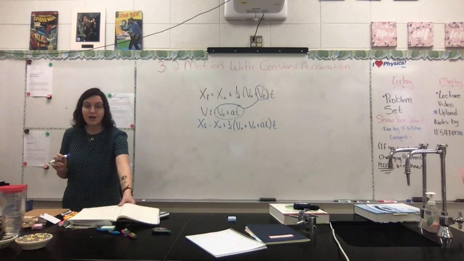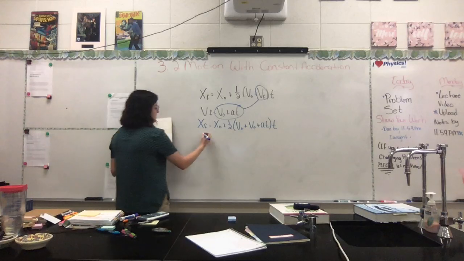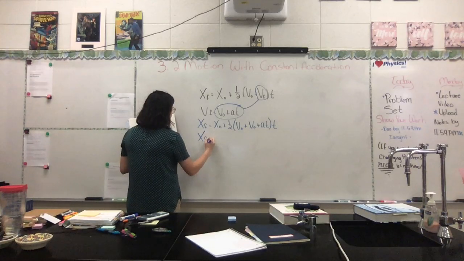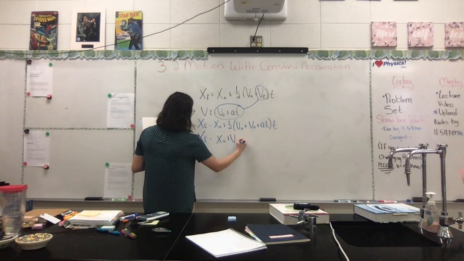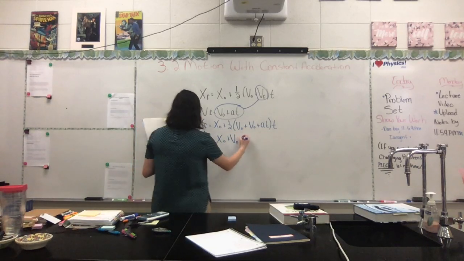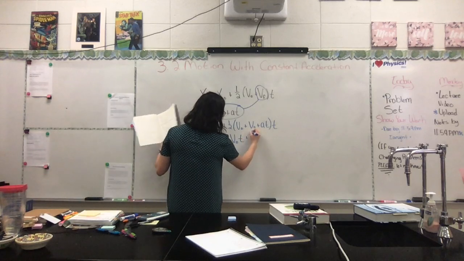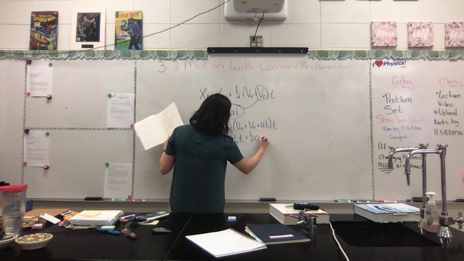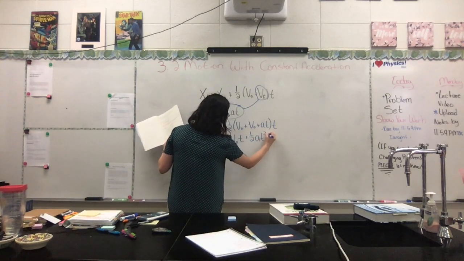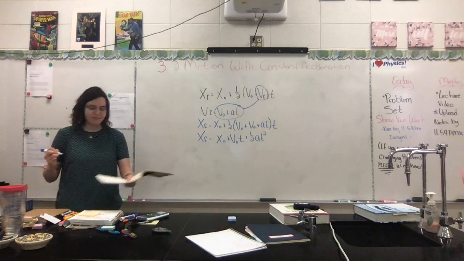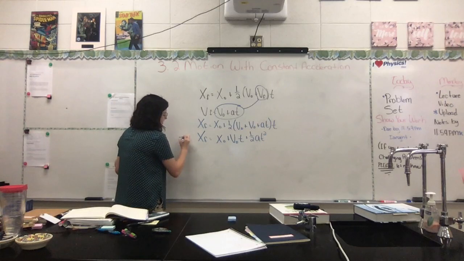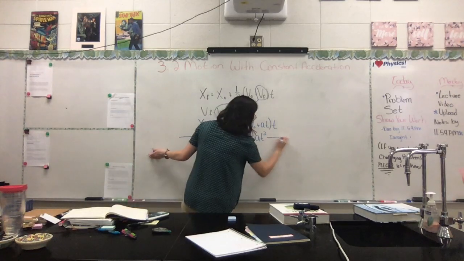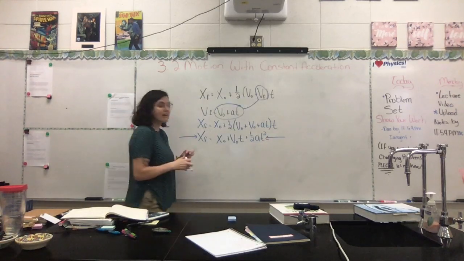And from there, we can simplify down and get that our final position is equal to our initial position plus our initial velocity times t plus 1/2 AT squared. Okay? This right here is the equation that you need to know, okay?